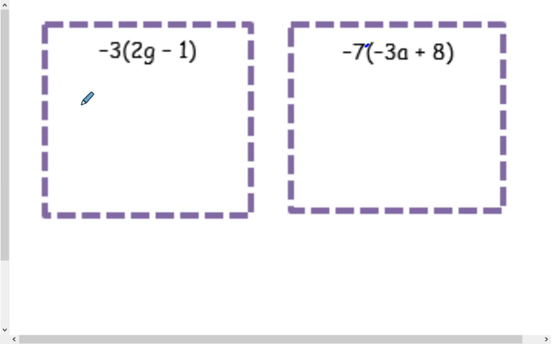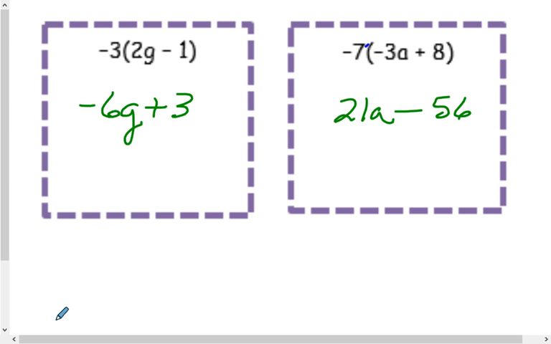Negative 3 times 2g is a negative 6g. Negative 3 times negative 1 is a positive 3. Negative 7 times a negative 3 is a positive 21a. Negative 7 times 8 is a negative 56.